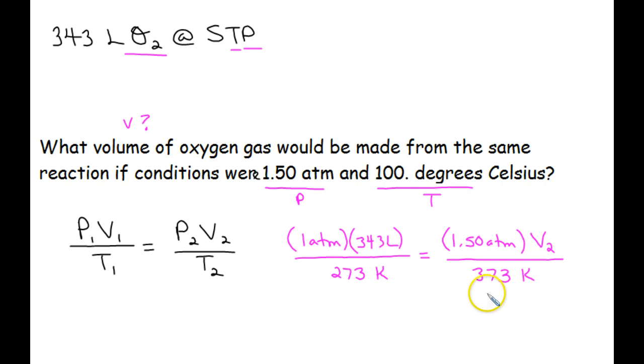So algebraically, 1 times 343 divided by 273, multiply by 373, and then divide by 1.50, and your final answer should be 312 liters of O2.